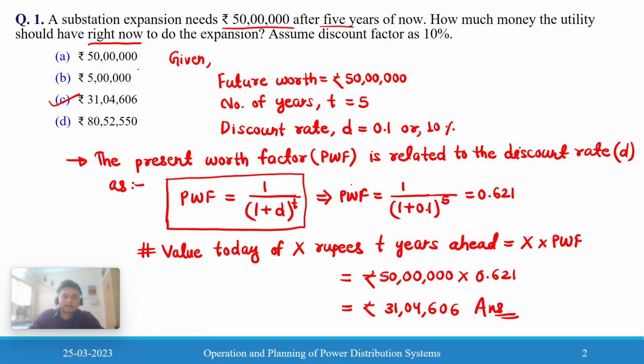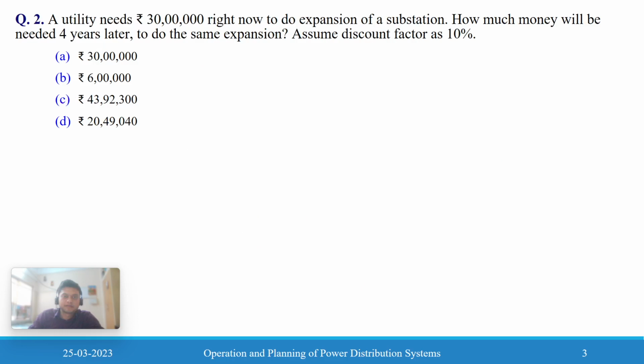Just similar to this problem, we will solve problem number two. And if you feel any problem or doubt, you can ask me in between. The second problem is that a utility company needs 30 lakh right now to do expansion of a substation.